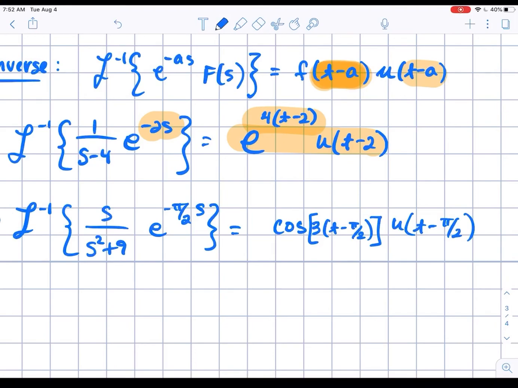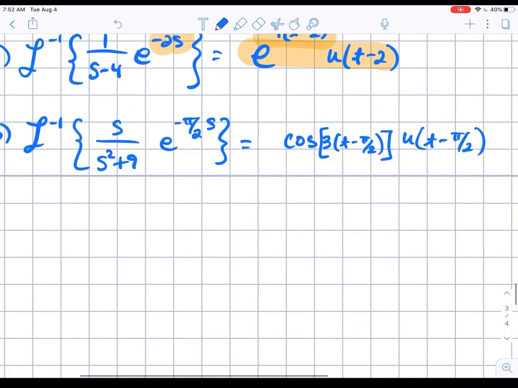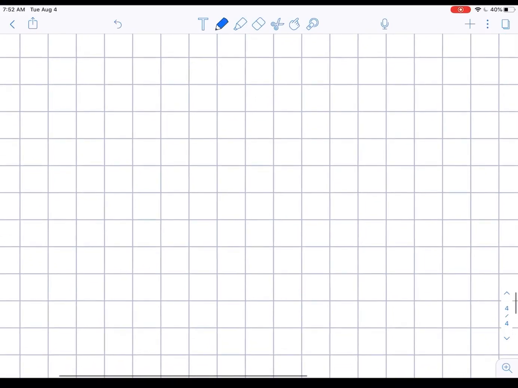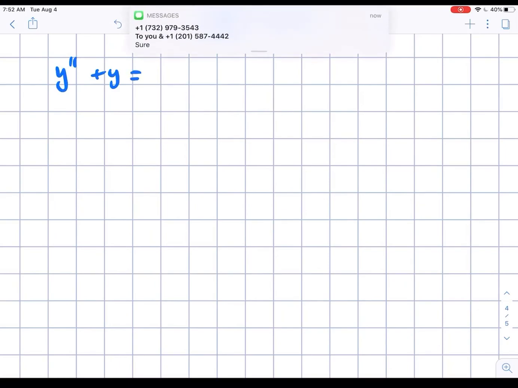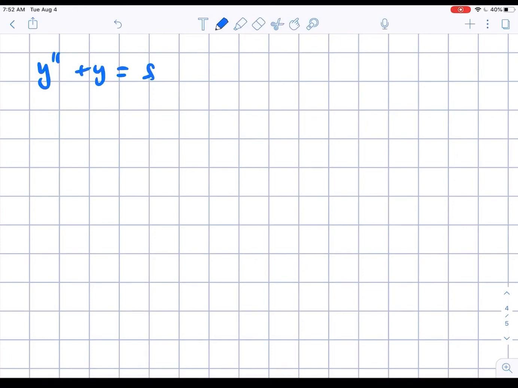All right, so with that, we want to solve these differential equations. If you have something like this, actually we're going to do just the first derivative.